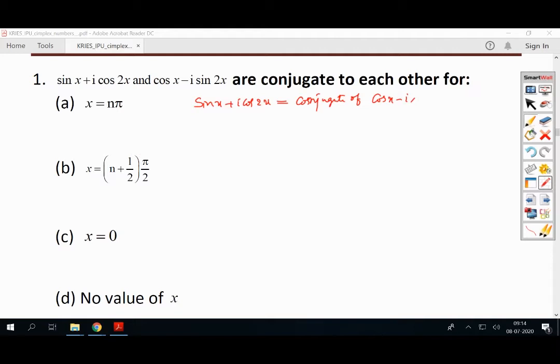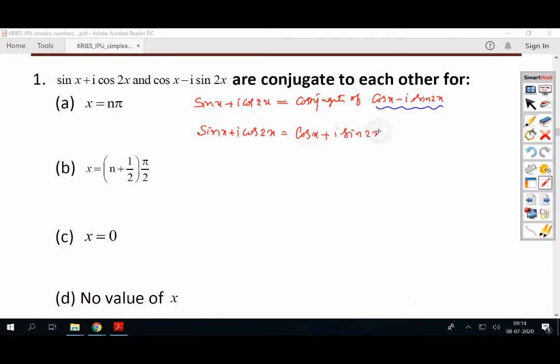Now, you know what is the conjugate of cos x minus i sin 2x. So I can rewrite this as sin x plus i cos 2x is equal to the conjugate of cos x minus i sin 2x, which I can write as cos x plus i sin 2x. Now you are getting two complex numbers as equal.